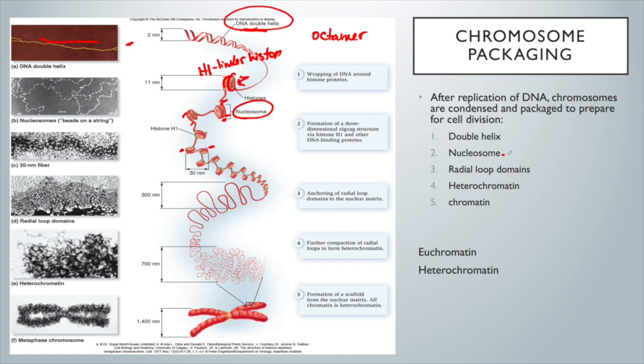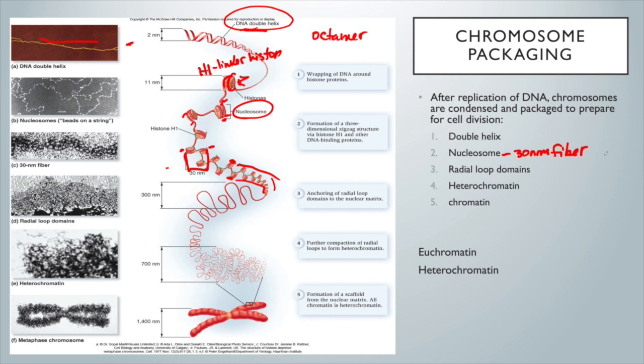So in the nucleosome structure, it creates what's referred to as a 30 nanometer fiber. And that 30 nanometers comes from the width of the fiber. How wide across is it from here to here? Well, it's 30 nanometers. So this all measures 30 nanometers. That's why it's referred to as a 30 nanometer fiber.